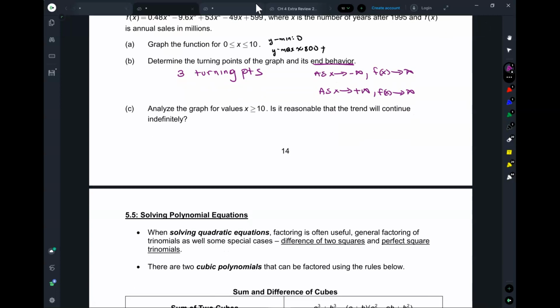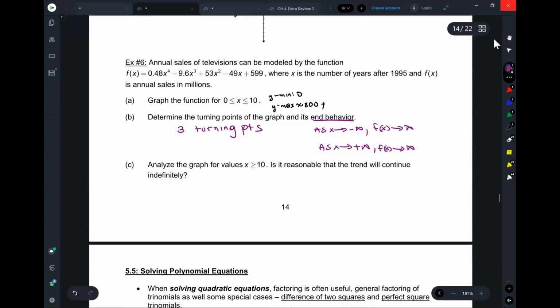Analyze the graph for values x greater than or equal to 10. Is it reasonable that the trend will continue indefinitely? Here the function says as x approaches infinity, f of x will approach infinity. f of x is the number of TVs sold in millions. So is it reasonable that that's going to be true? Are you going to be able to sell an infinite number of TVs?